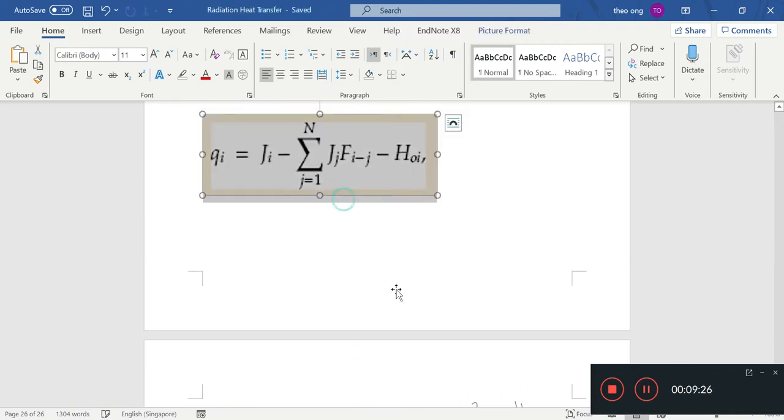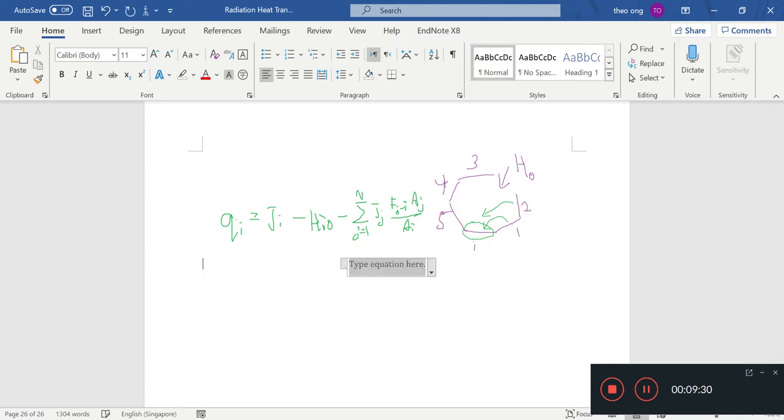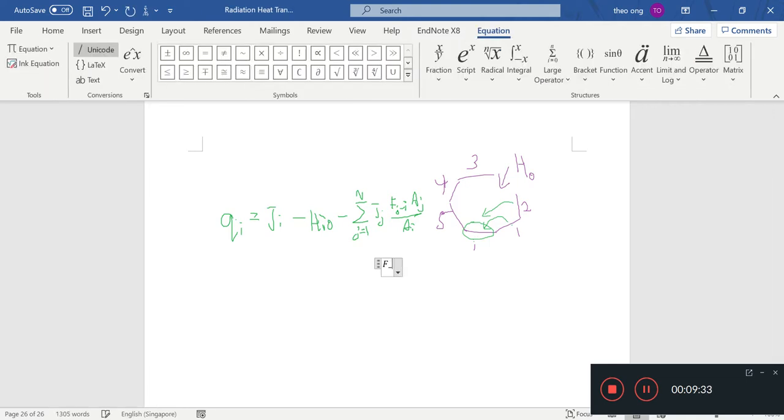Okay, so we can use reciprocity relation to say F_I to J equals F_J to I, A_J over A_I.